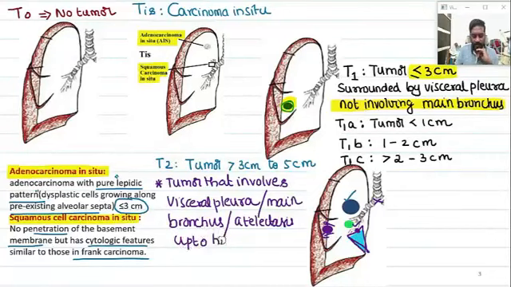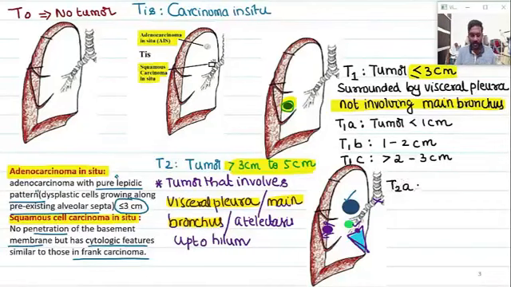So for T2, the tumor will be definitely more than 3 centimeter up to 5 centimeter. This is the size. And the characteristics: it can either involve the visceral pleura, the main bronchus, or atelectasis up to hilum. And again in T2, depending on the size, there is further classification.